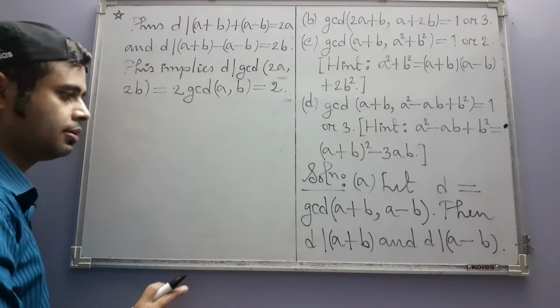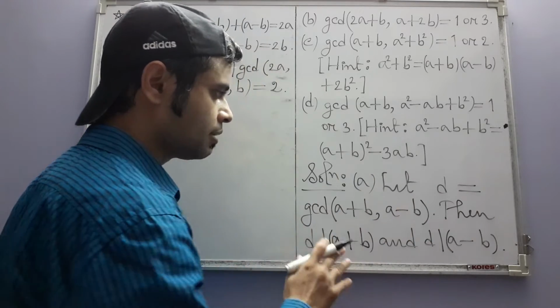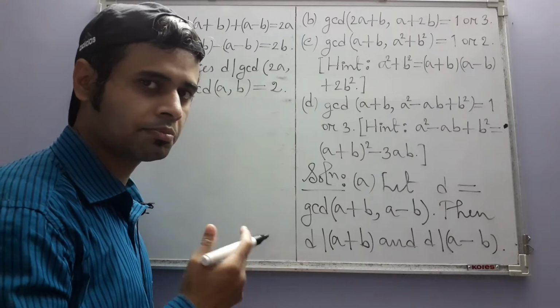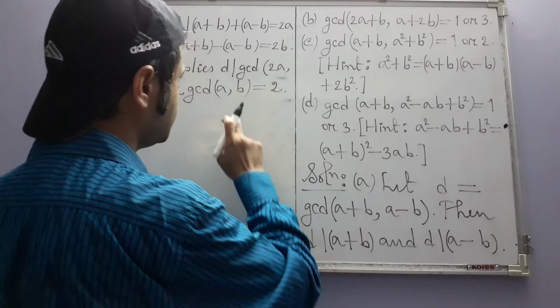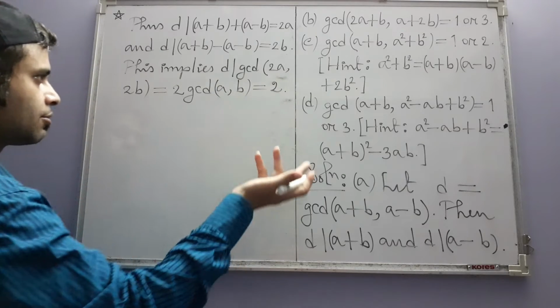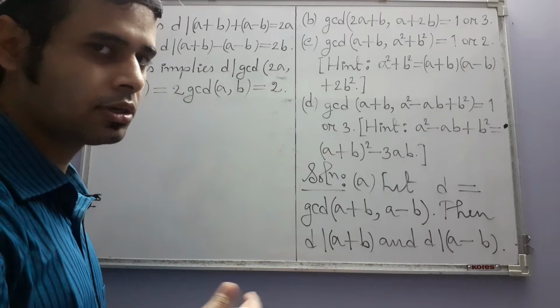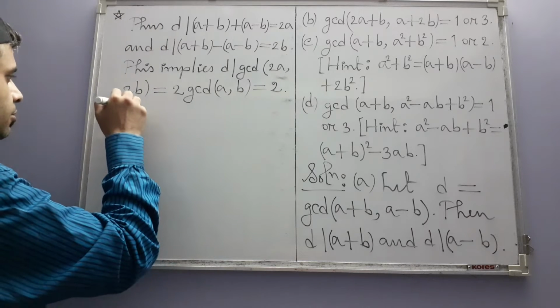Now note that D being the GCD of some integers is by definition a positive integer. So D is a positive integer that divides 2. So there are only two possibilities: D will either be equal to 1 or it will be equal to 2.